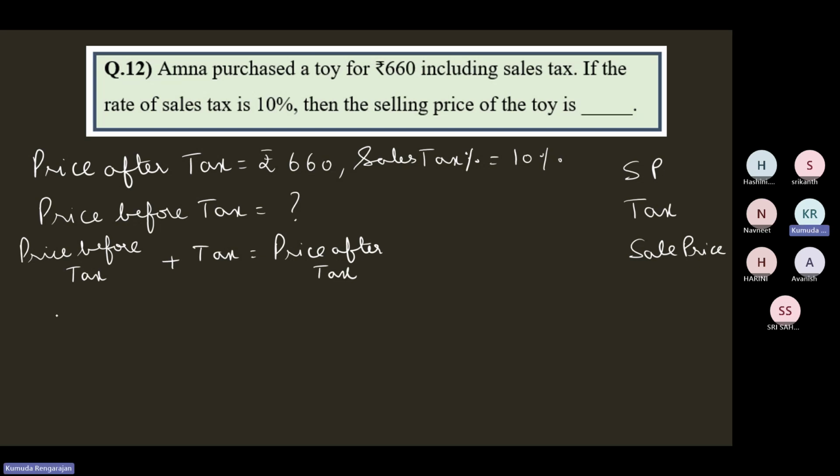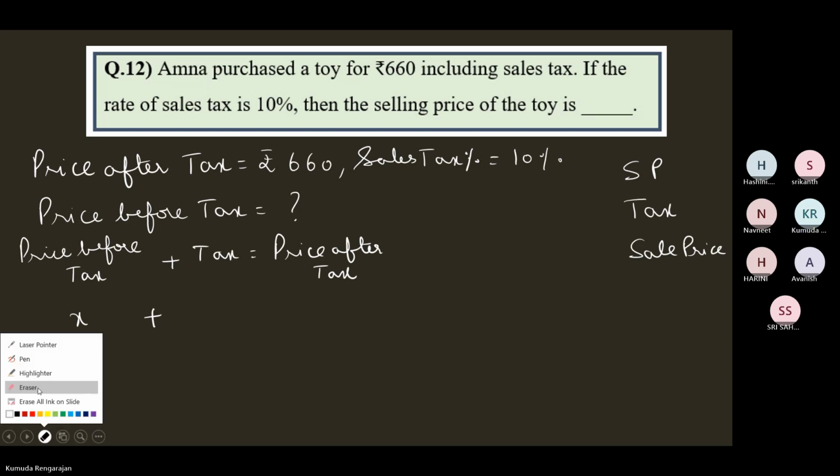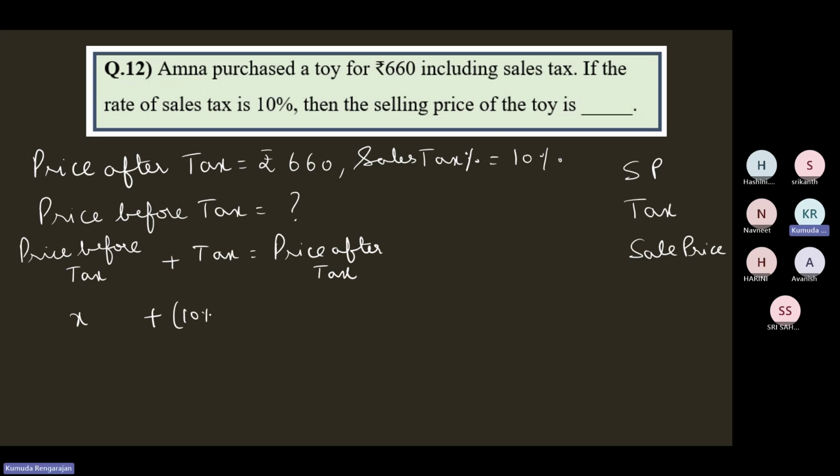We don't know the price before tax, so let's say X. What's the tax? It's 10% of X, always calculated on this price. 10% of X plus X is equal to the price after tax, 660.